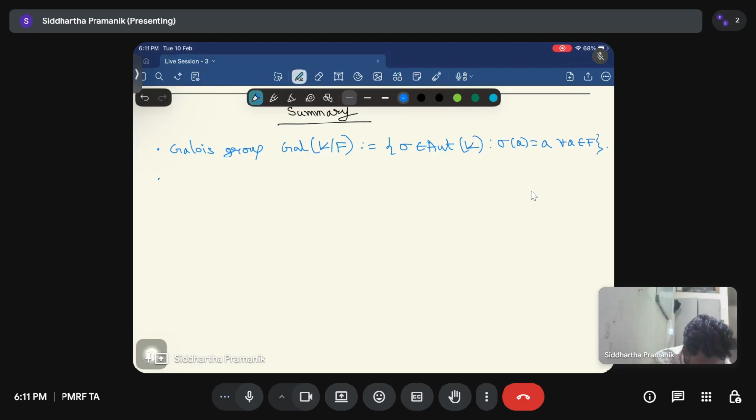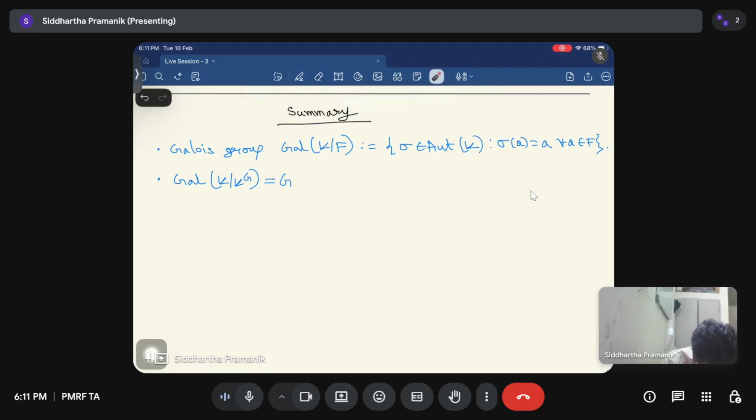Then we have seen one result, so as a summary it is like the Galois group of K over K_G is the same as G. So what is this basically?